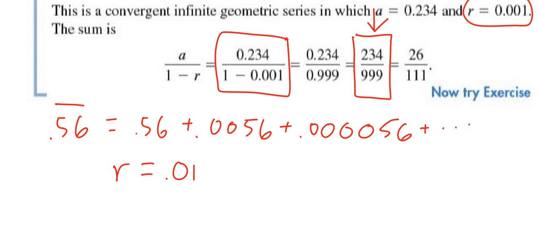Yes. Okay, so in this case, you multiply by 100. I did mine by 1,000. That's how I got the 234 and the 999. Sure, you're going to multiply yours by 100.